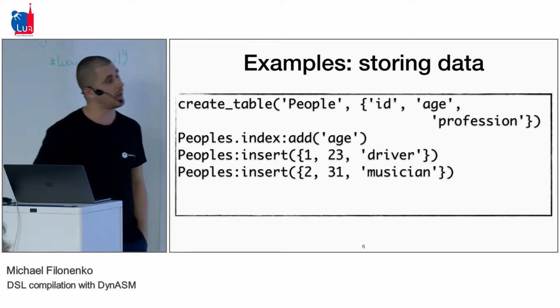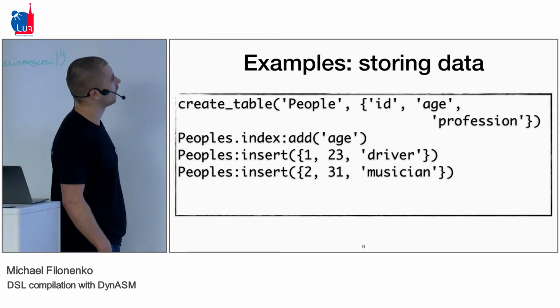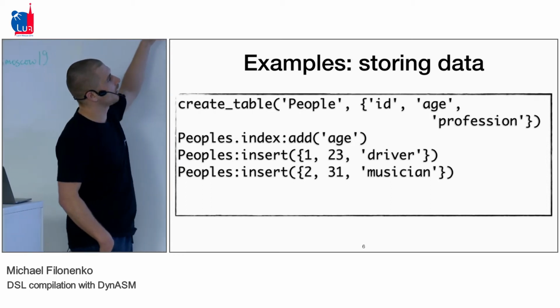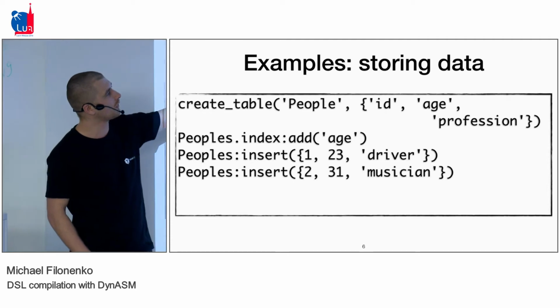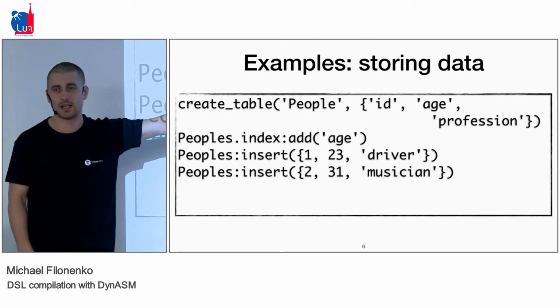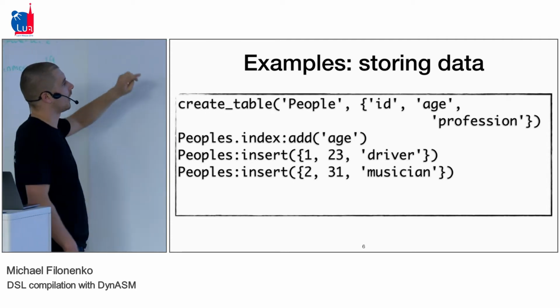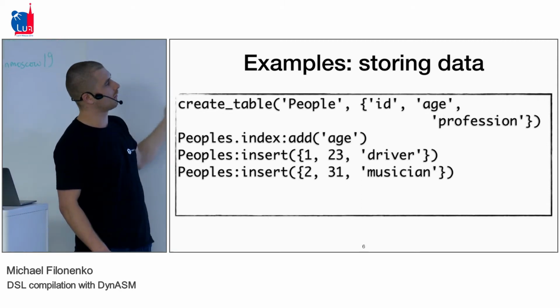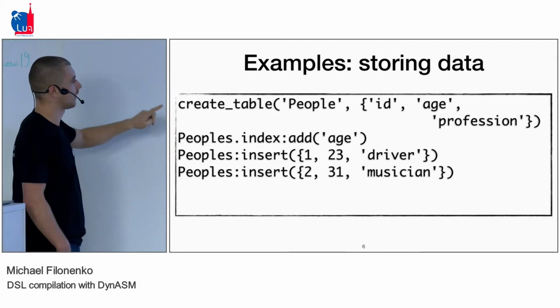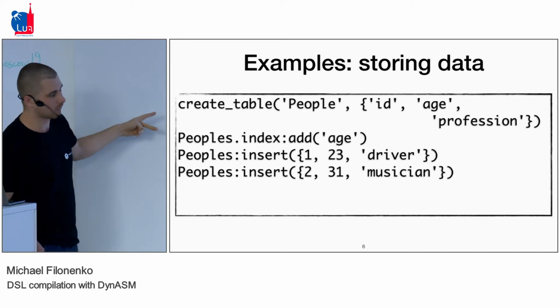For example, we have a table. It's a Lua style API. We have a table with people and with 3 columns or fields. And we have an index on each field or column. And we have 2 people.